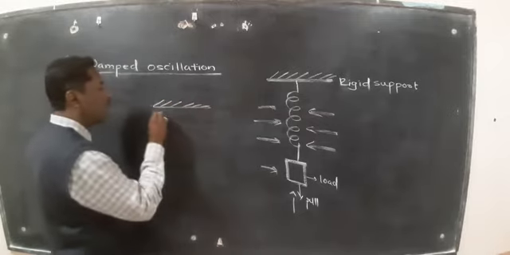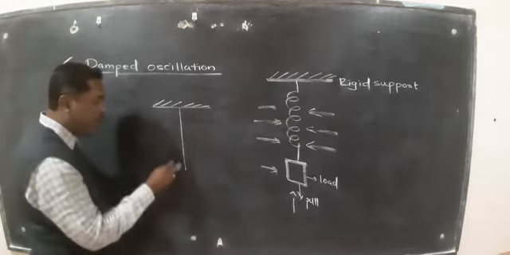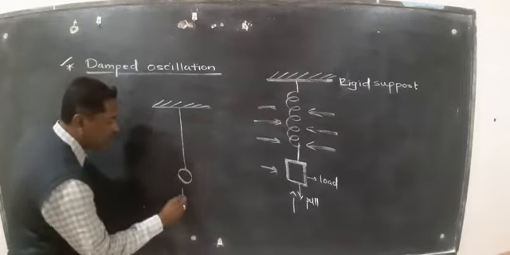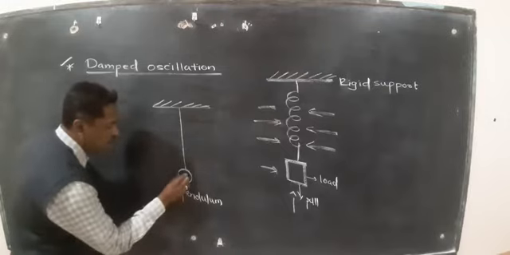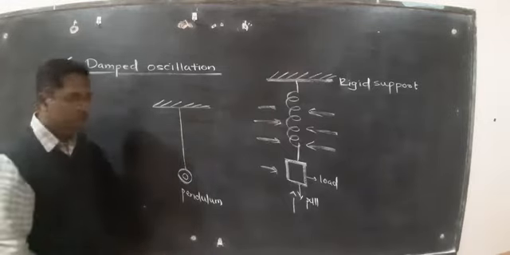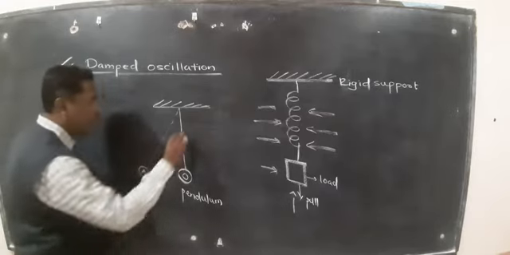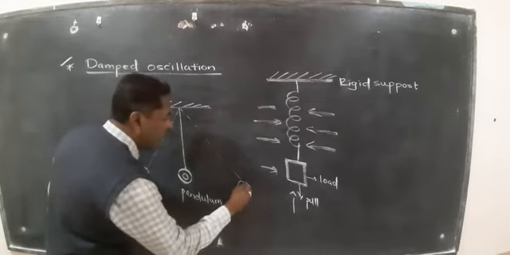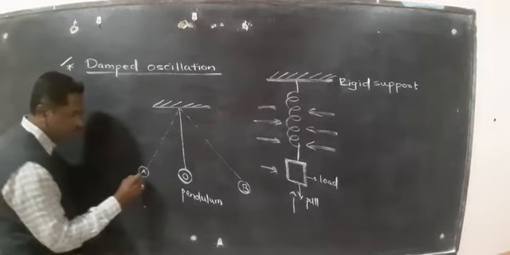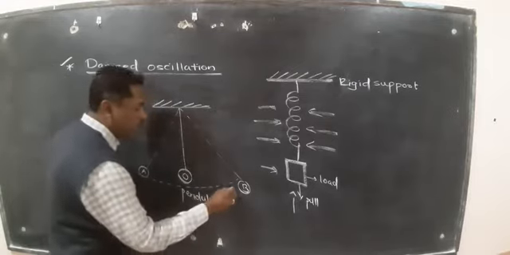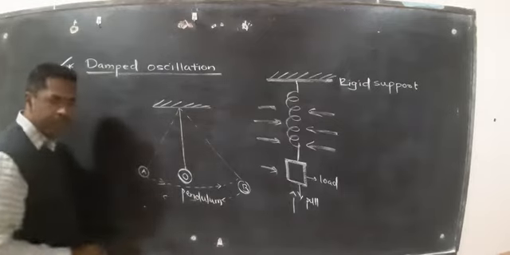All of you are well familiar that a long weightless inextensible string is attached to a pendulum, and the pendulum maintains its equilibrium position O. Displace the pendulum from point O to point A. When we take the pendulum to point A and release it, what happens? The pendulum starts moving from point A to B and from point B to A.